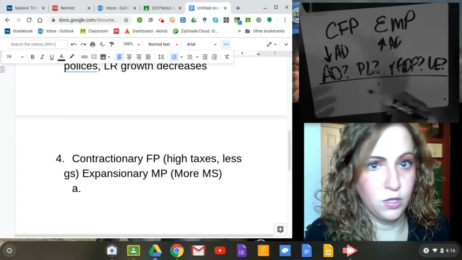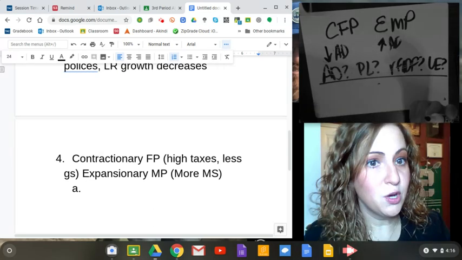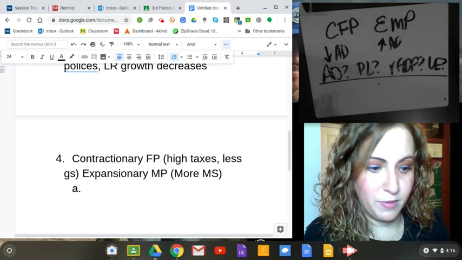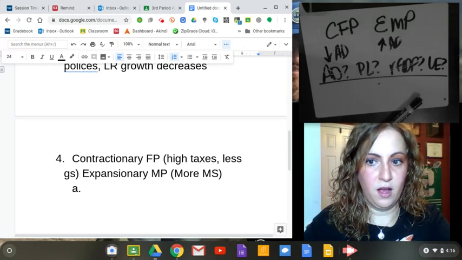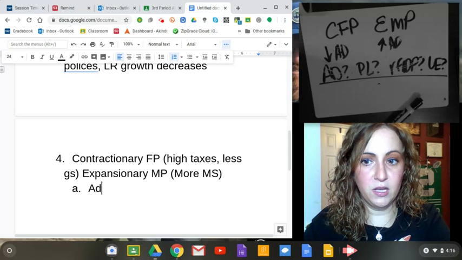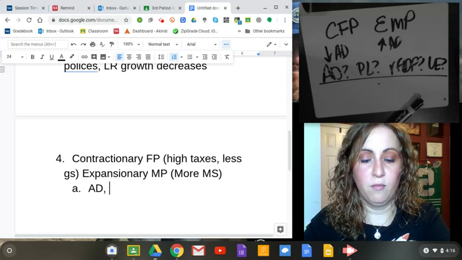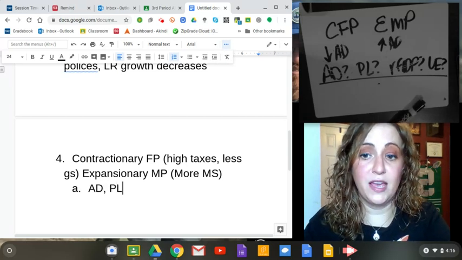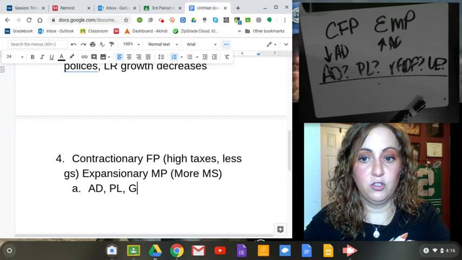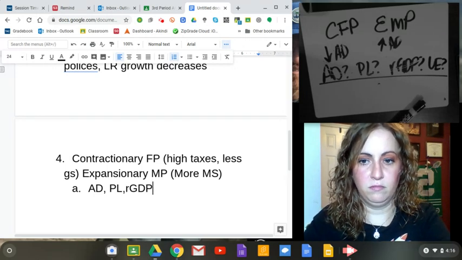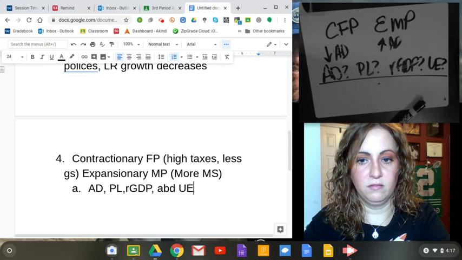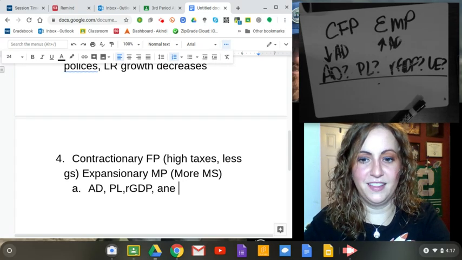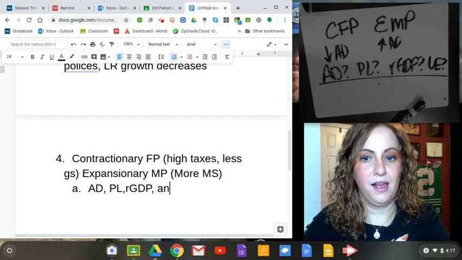Those two don't agree with each other, so I have no idea what happens in the short run with aggregate demand. So in the short run, AD is indeterminate. Price level, which is based off of AD, is indeterminate. Real GDP even, and unemployment, the unemployment rate, UE.